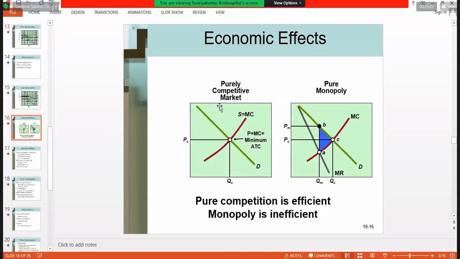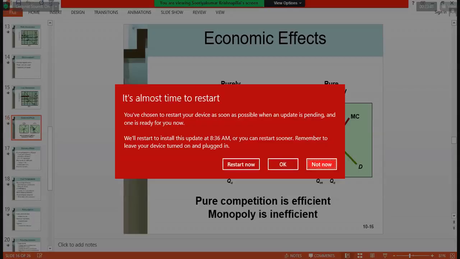So that is allocative efficiency, and in the long run, price equals minimum average total cost. We studied that in the long run, all firms in a competitive market produce the output where price equals minimum average total cost. In the long run, they get zero economic profit, normal profit.